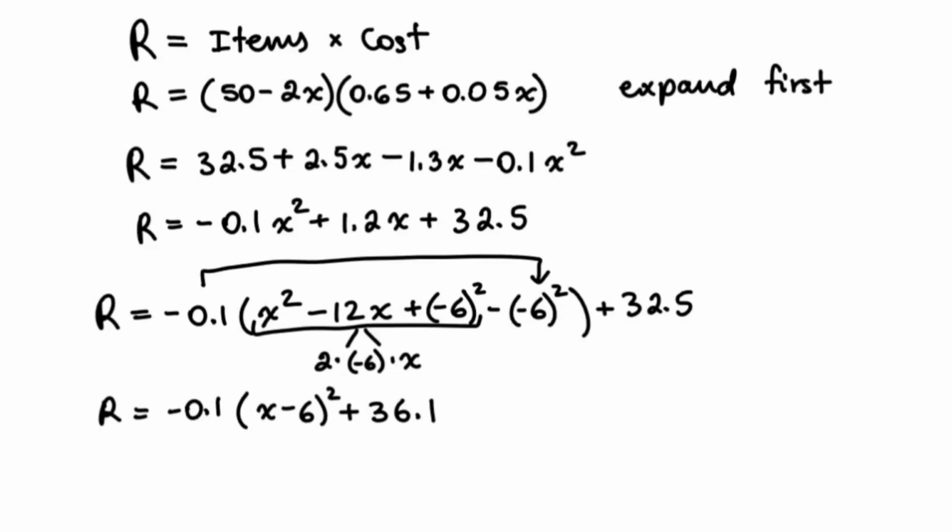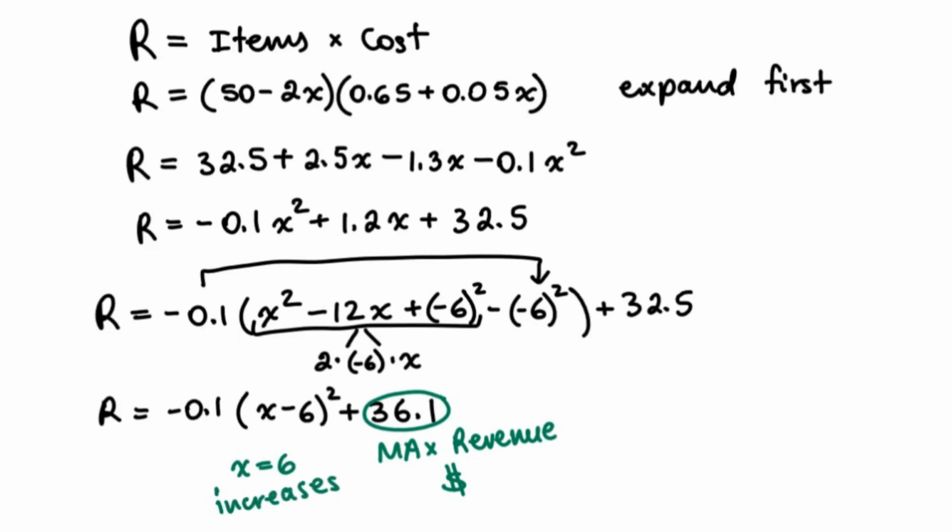So what do we have here? 36.1 is the max revenue that we can collect in dollars, $36.1. x minus 6 represents 6 increases in price. So remember that x is not the price, it's the number of increases.